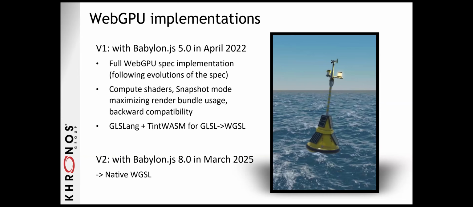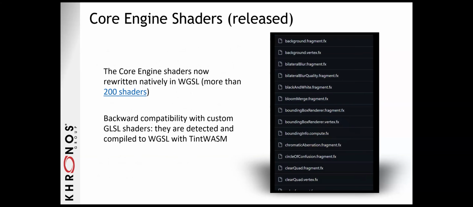Some of the things are already released, and some will release in March. First, the core engine. The engine is made of TypeScript code and shader code. All the shader code was in GLSL, and now more than 200 shaders have been rewritten natively in WGSL. It was tedious work, but it was worth it to make the performance optimal.